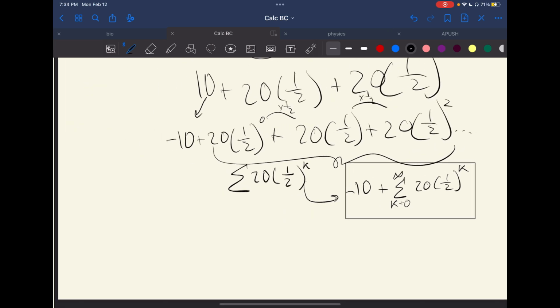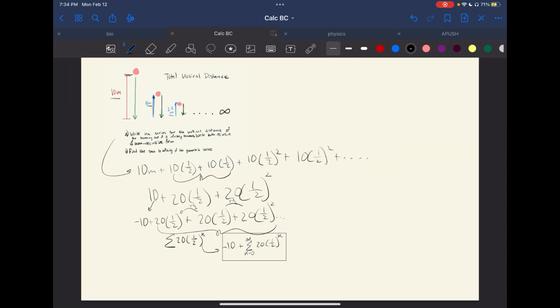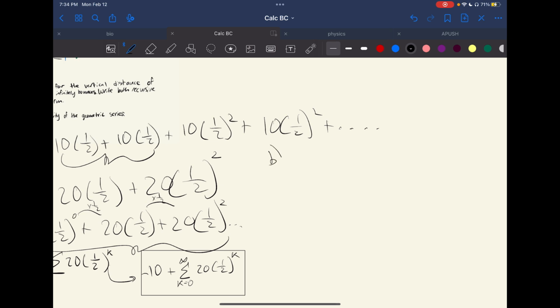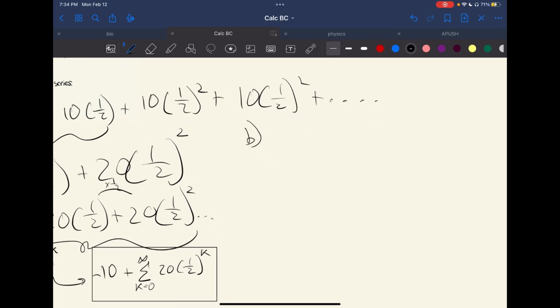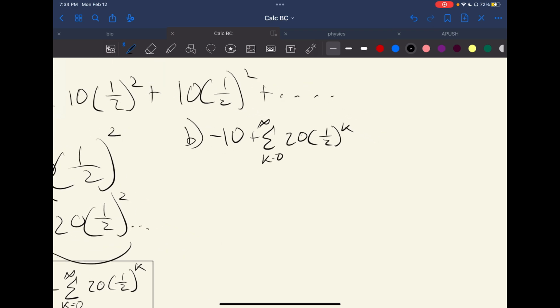Okay. And then question B is asking, find the sum to infinity of the geometric series. So now that we know the series, we have -10 plus the sum from k equals 0 to infinity of 20 times 1/2 to the k. Since this is a geometric series, we're going to use what we know from the geometric series test.